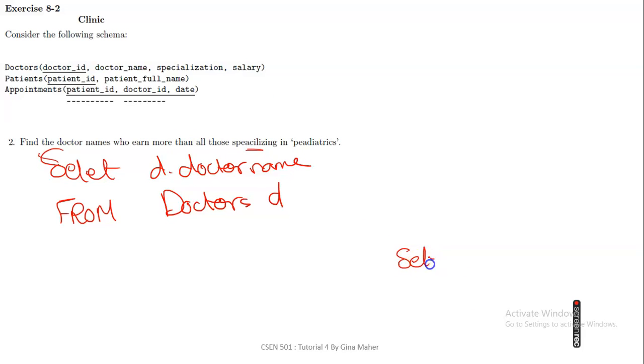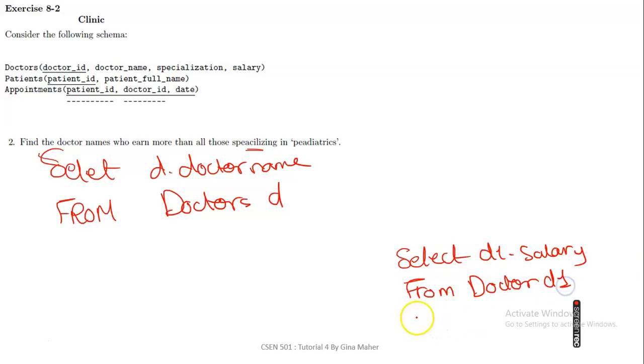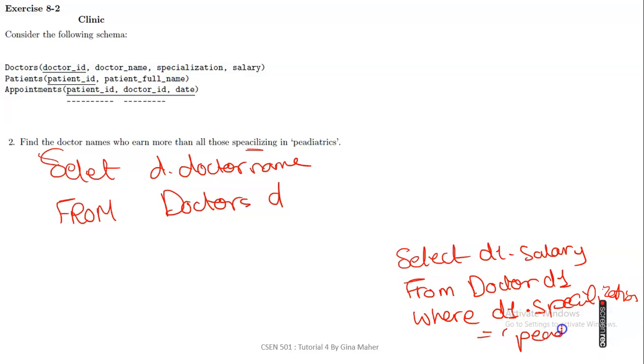So we are going to select D1.salary from doctors D1, where D1.specialization equals to pediatrics.